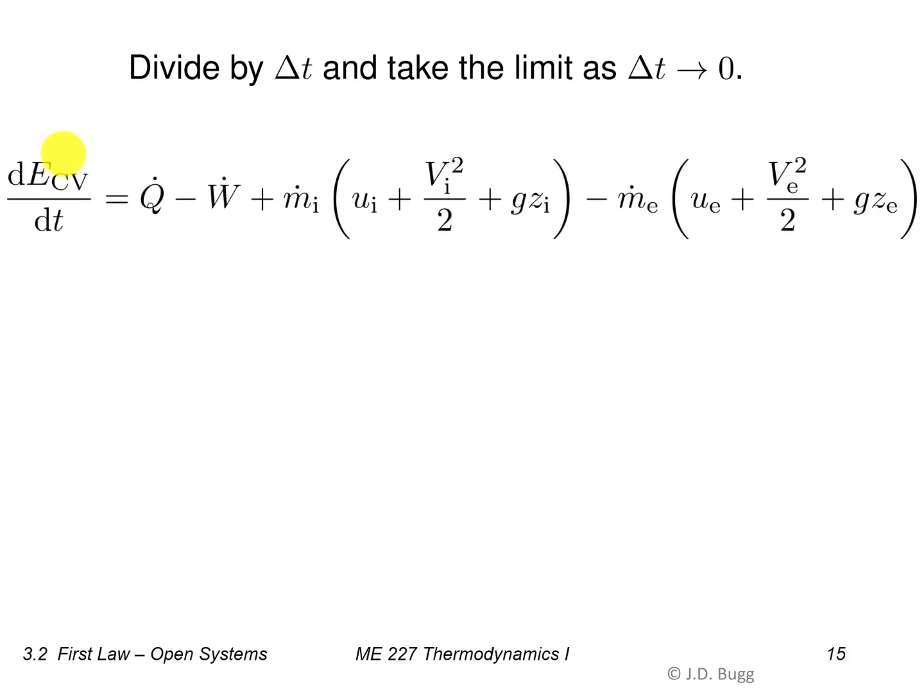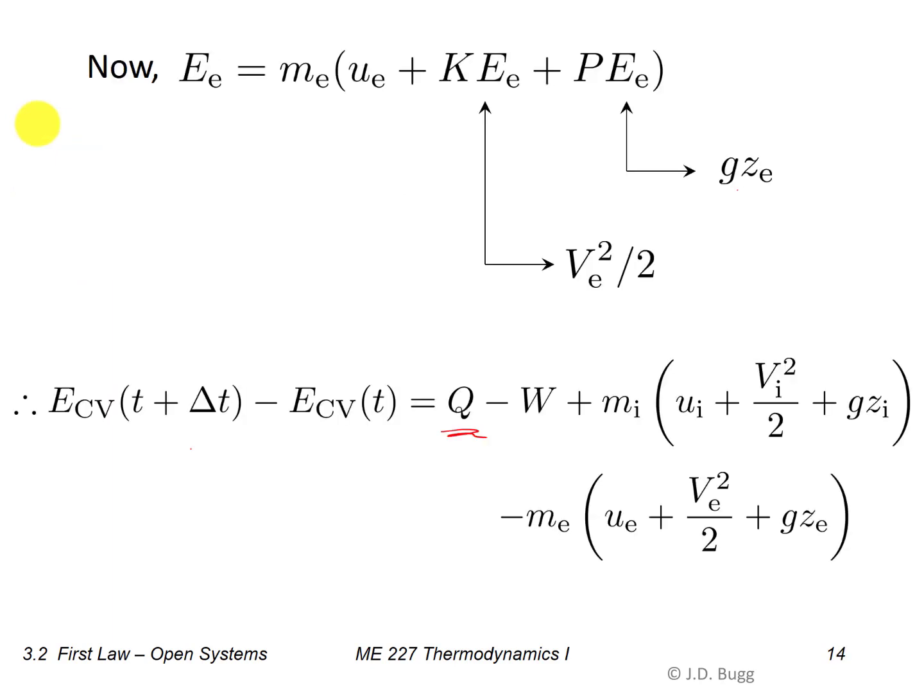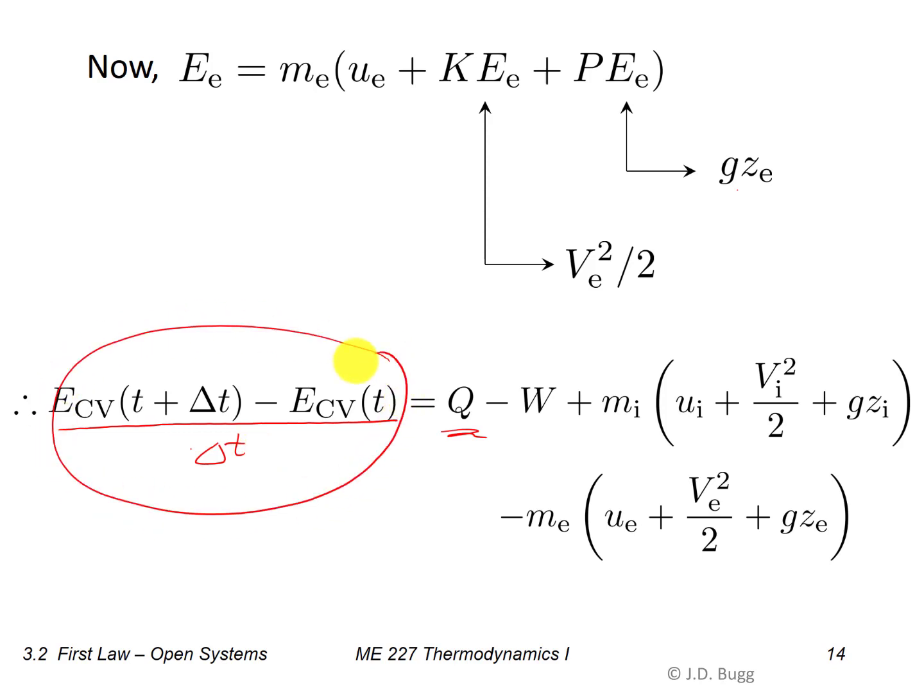Well, first of all, we look at the left-hand side and we see we now have the rate of change of the energy in the control volume with respect to time. So I'm just going to go back and show how that works. Remember what we've done. We've divided this by delta T and taken the limit of this as delta T goes to 0.